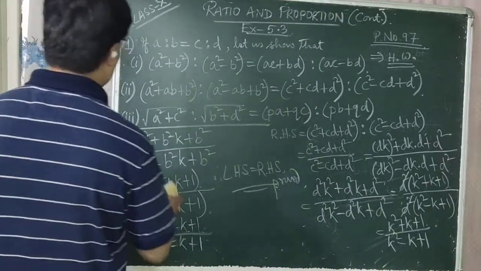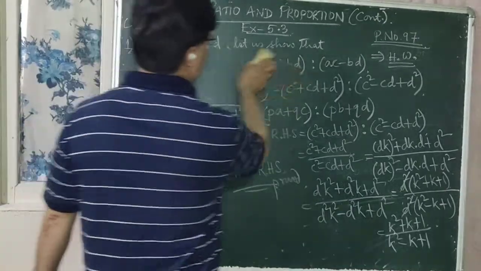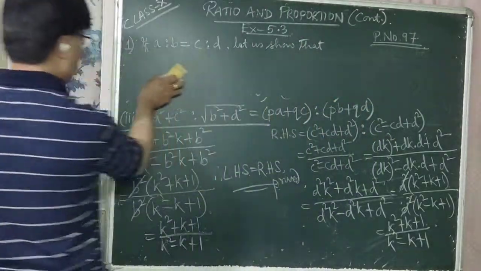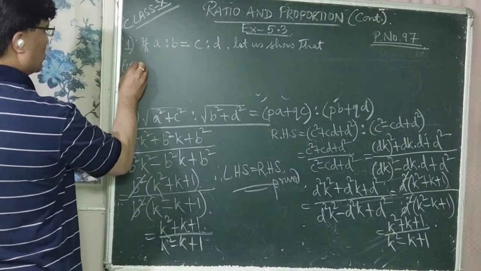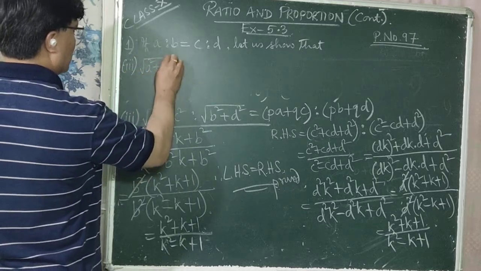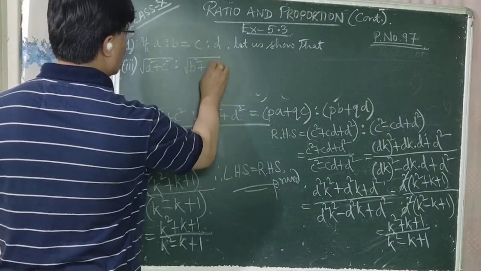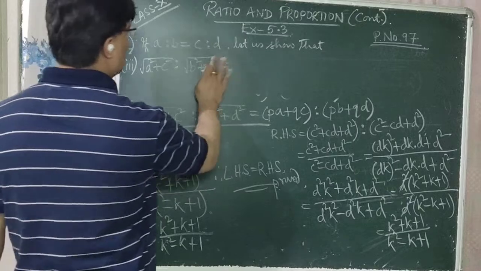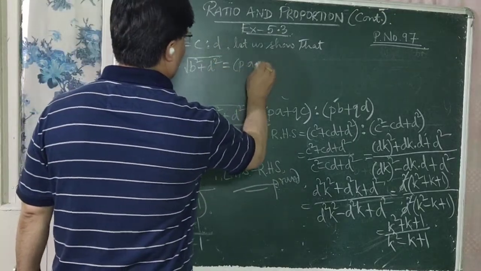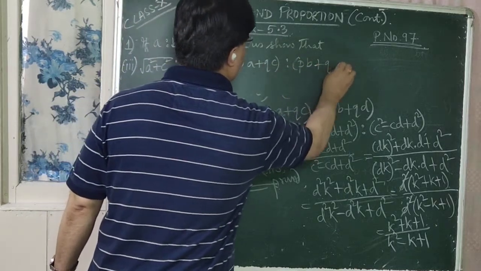So now we will prove number 3. So let us write number 3 question here. What is number 3? Root over a square plus c square is to root over b square plus d square, which is equal to PA plus QC is to PB plus QD.